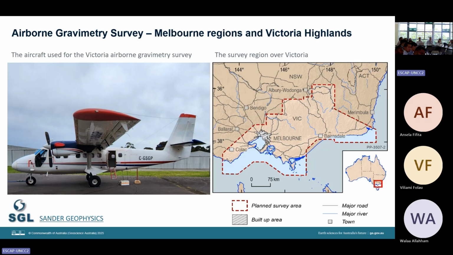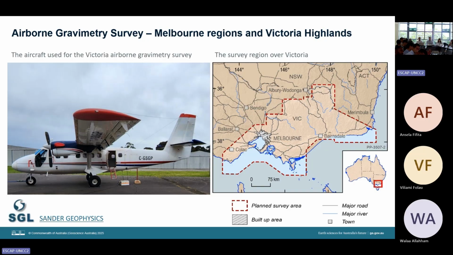This is an aircraft type that is really important from a safety standpoint due to the coarse topography and the large offshore component, because it offers long endurance, meaning they typically were able to get back to a safe landing spot, but also had the ability to fly several hundred line kilometers of data per day.